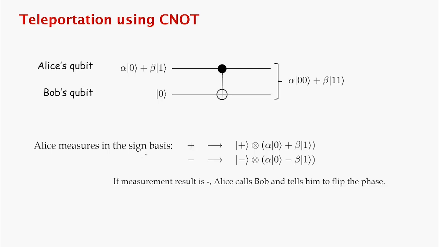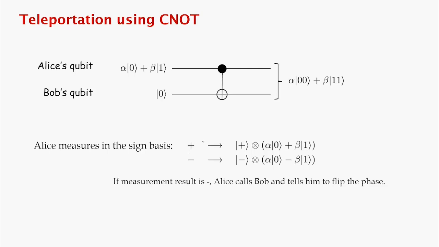What happens is, if she measures a plus, then their joint state is plus tensor alpha 0 plus beta 1. And if she measures minus, they have minus tensor alpha 0 minus beta 1. What Alice does is call Bob and tell him what her measurement outcome is.